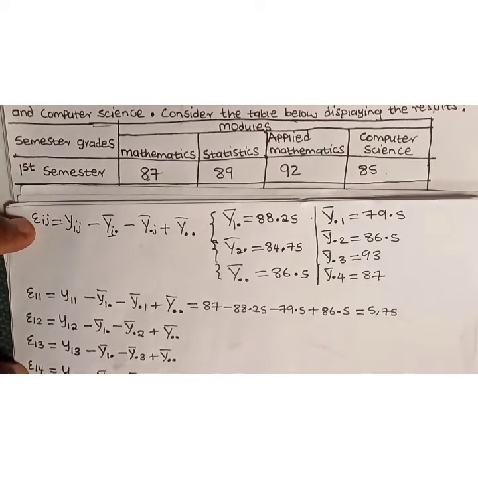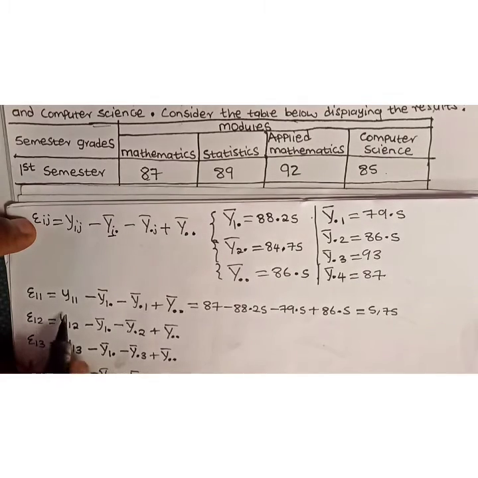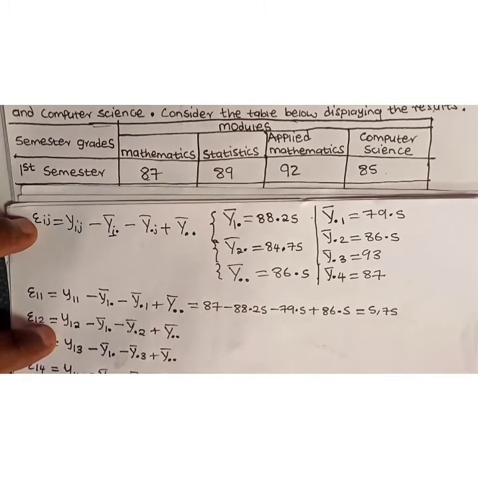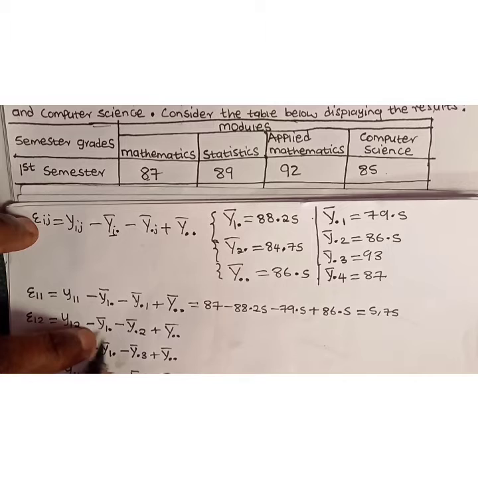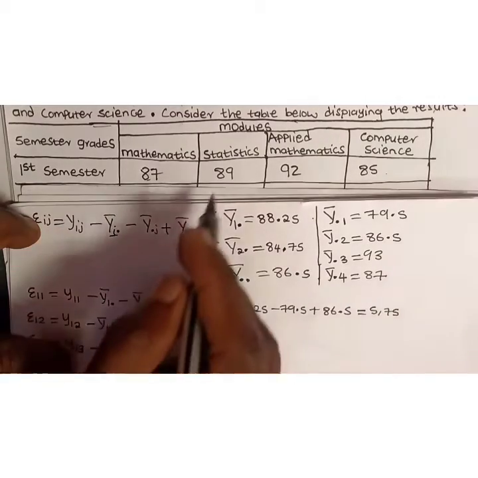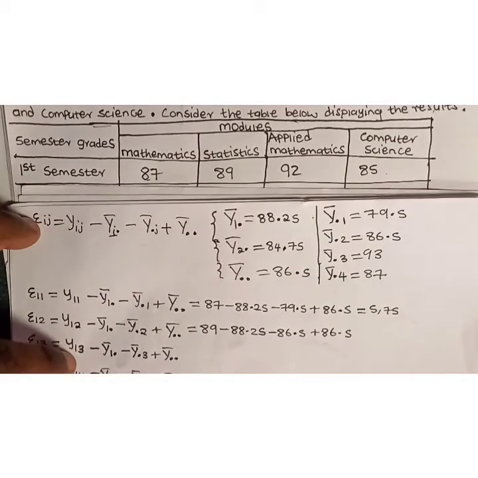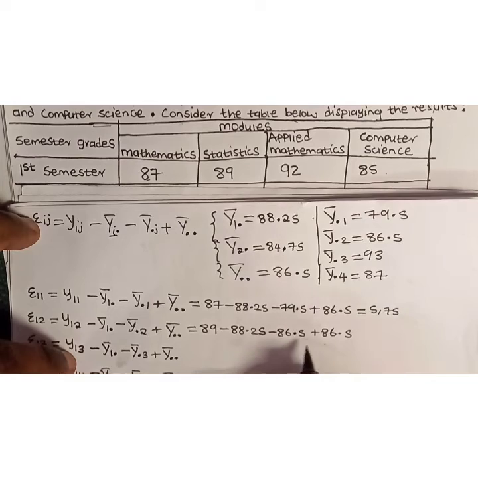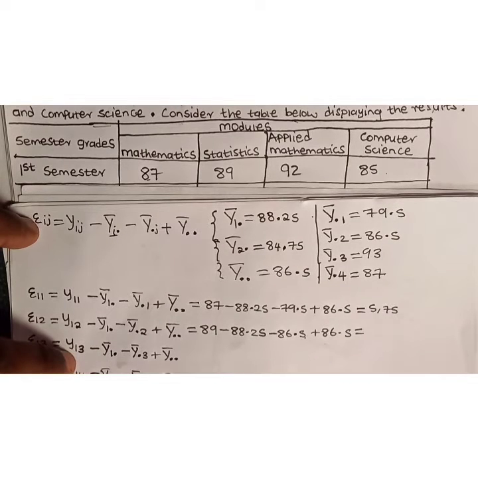For E12, we have your response in the first row, second column, minus the mean of the first treatment minus the mean of the second block plus the grand mean, which is 89 minus 88.25 minus 86.5 plus 86.5, and I get 0.75.